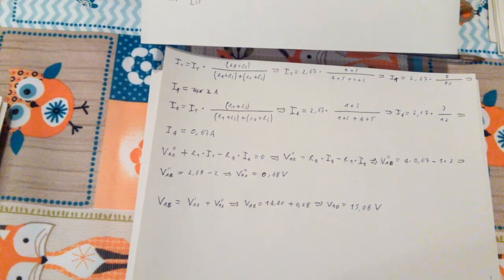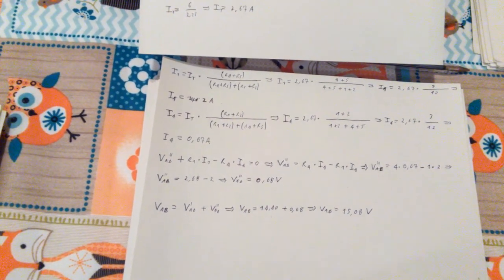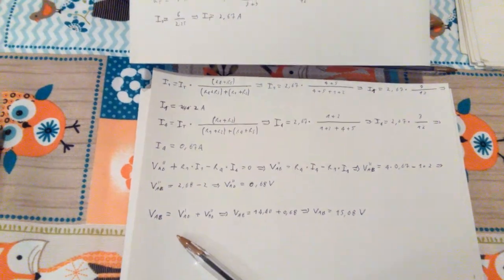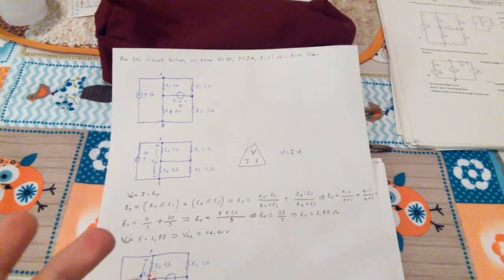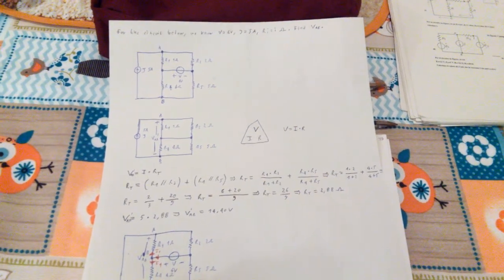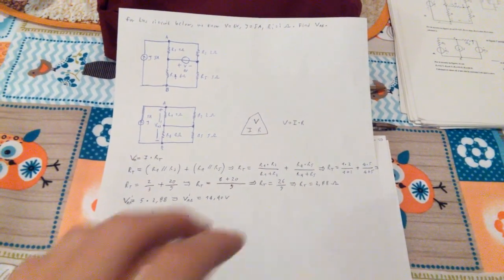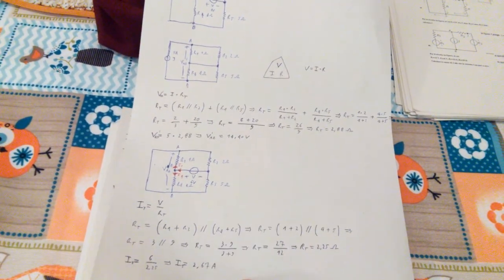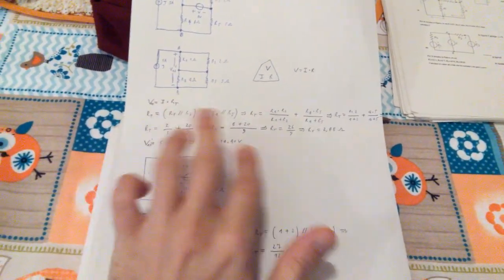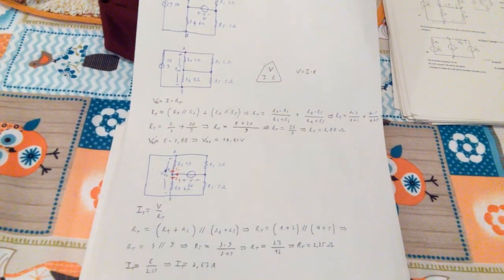Okay, so I hope it helps and everything is clear. Stuff like this is doable. As you can see, everything comes together. In this we had Ohm's first law. We have how to calculate series and parallel resistances.